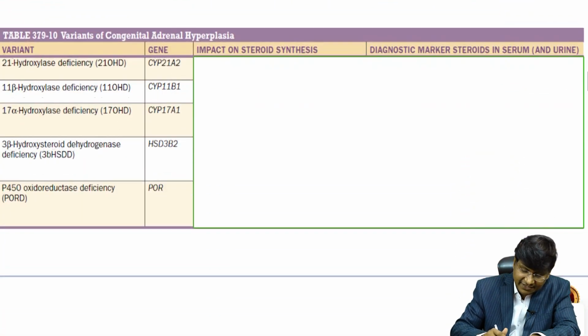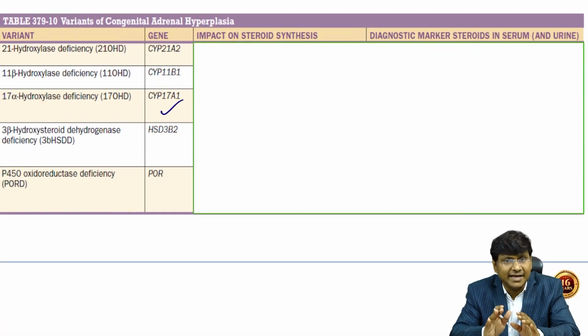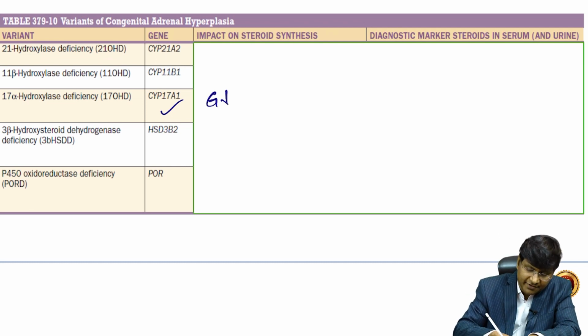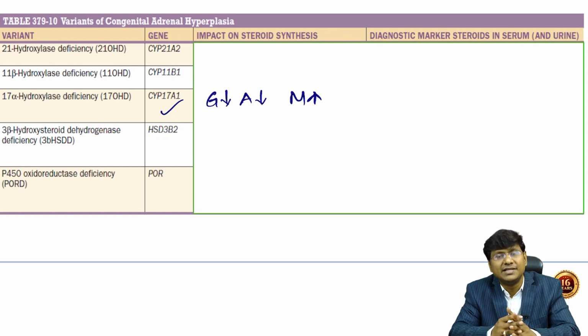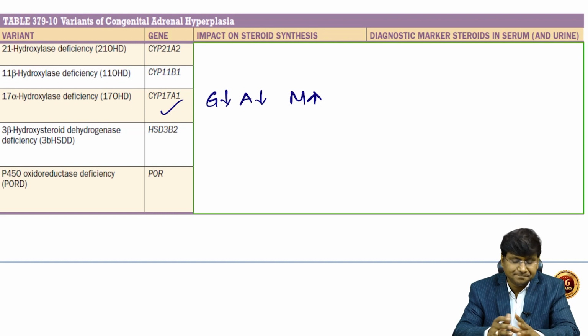And if there is defect in CYP17A1, that will result in glucocorticoid deficiency, right, and androgen deficiency, but mineralocorticoid excess. So the glucocorticoid synthesis and androgen synthesis is completely diverted onto the mineralocorticoid synthesis, right?